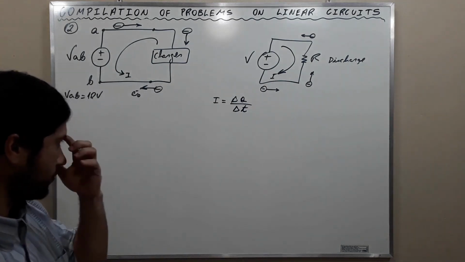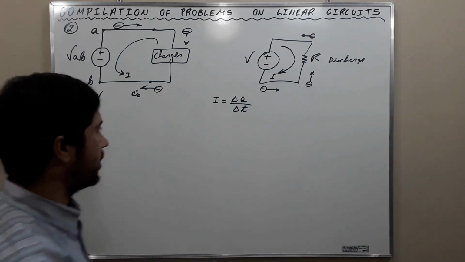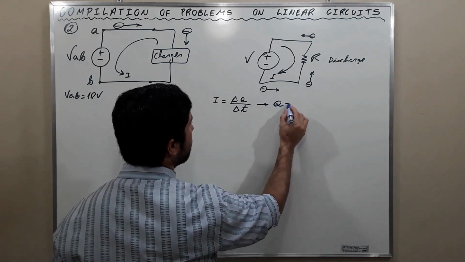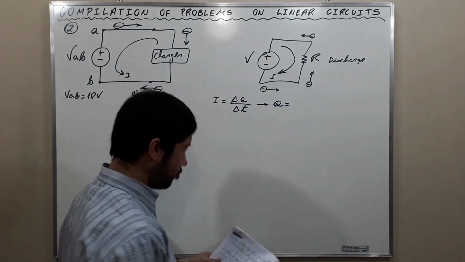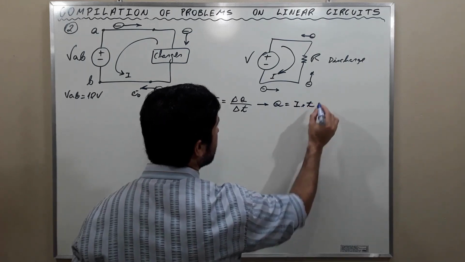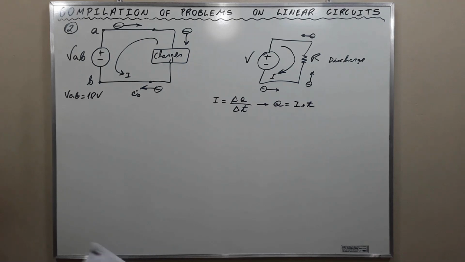And from this expression, we get that Q is equal to current times time. All right, this we have understood.